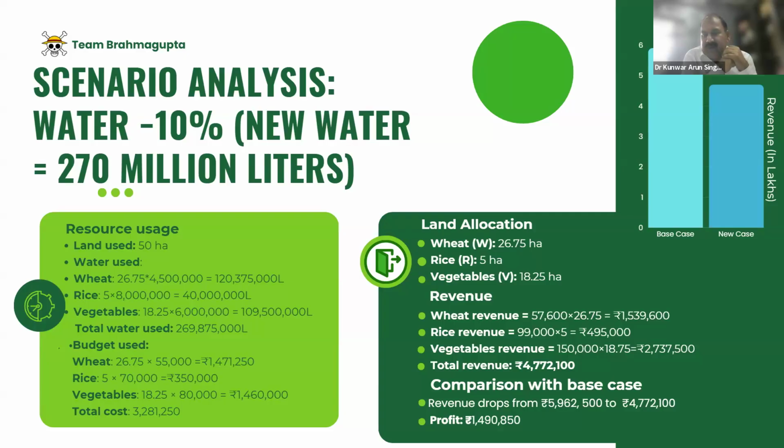rice, as you mentioned. Which season crop is this? So this is a monsoon season crop. What do we say in the language of agriculture? Kharif. And wheat?